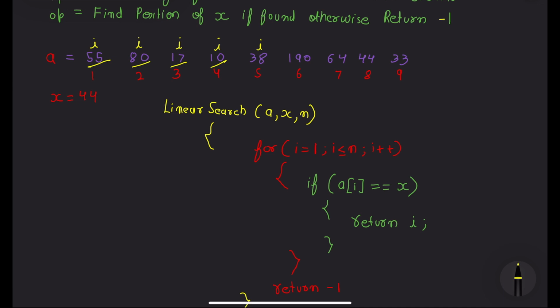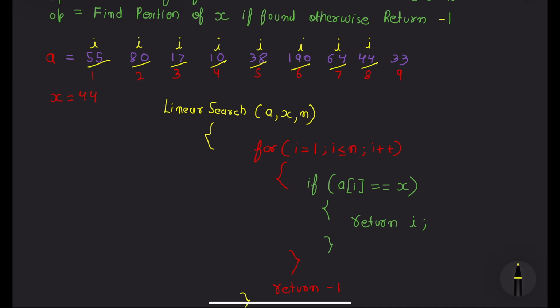So 38 is not equal to 44. So the value of i will be again incremented to 6. And here 190 is not equal to 44. So the value of i will become 7. And here 64 is also not equal to 44. Now the value of i has become 8, and if we compare now, the A of 8 is 44, which is equal to x.